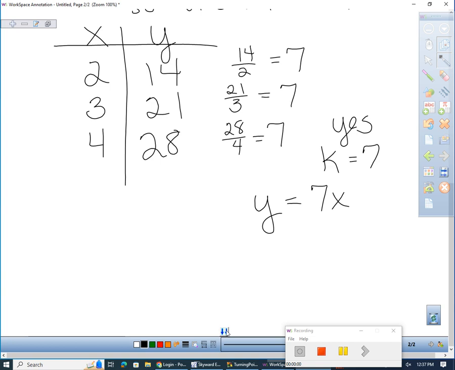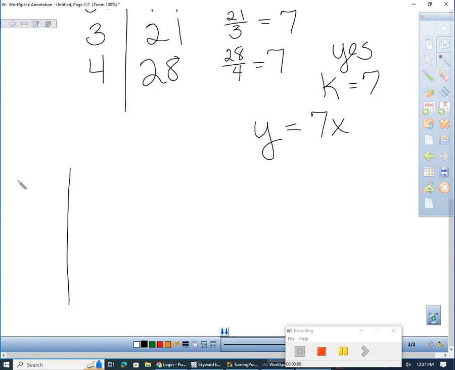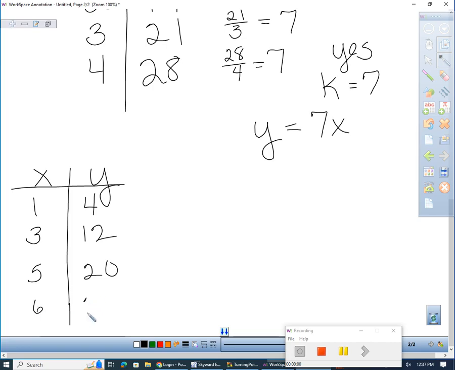So how about, let me do one more table. We're going to try this one. Let's say I have 1 and 4, 3 and 12, 5 and 20, and 6 and 27. All right, let's see if this one's a direct variation. Again, we do y over x, right?